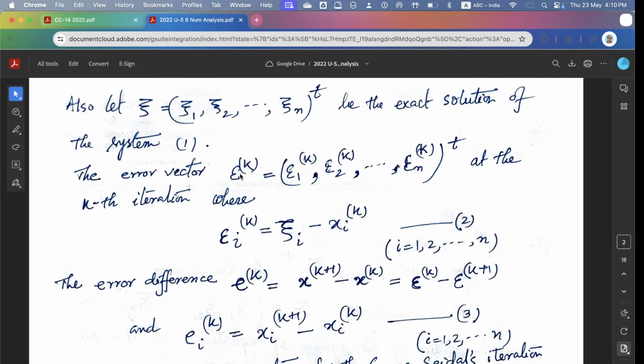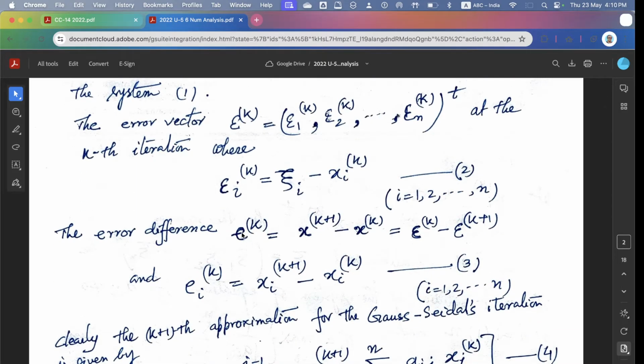The error vector epsilon^k, that is the error at the kth iteration, is (epsilon1^k, epsilon2^k, ..., epsilon_n^k) transpose, where epsilon_i^k equal to xi minus xi^k, i equal to 1 to n.